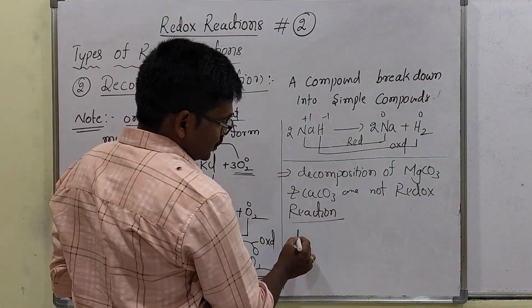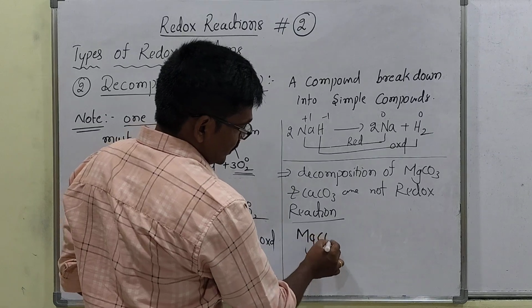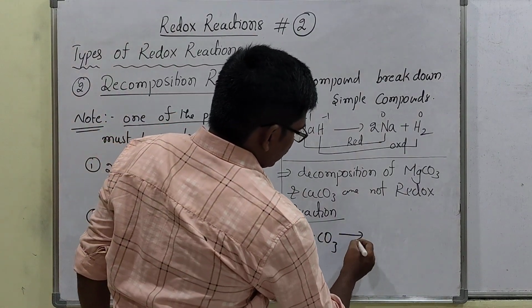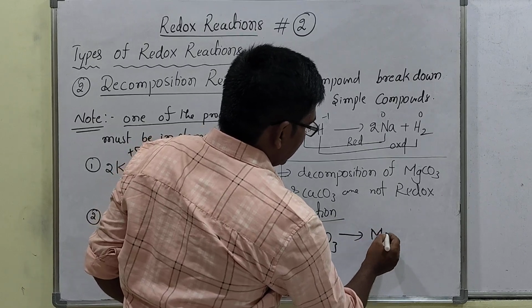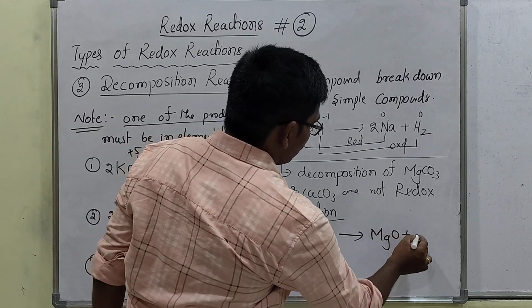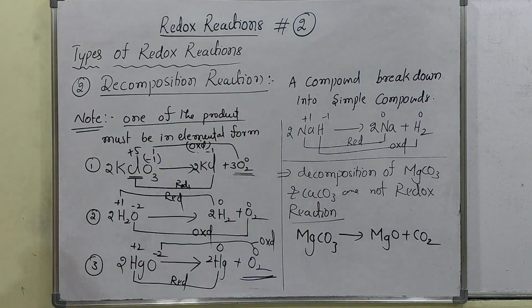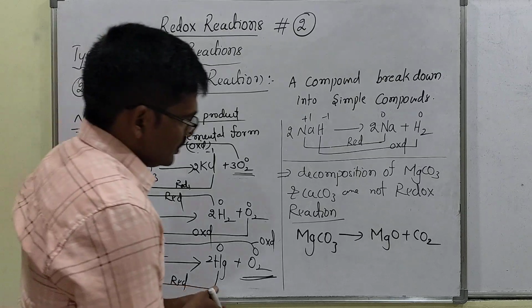The decomposition of MgCO3. MgCO3 can dissociate into MgO plus CO2. It decomposes like that.